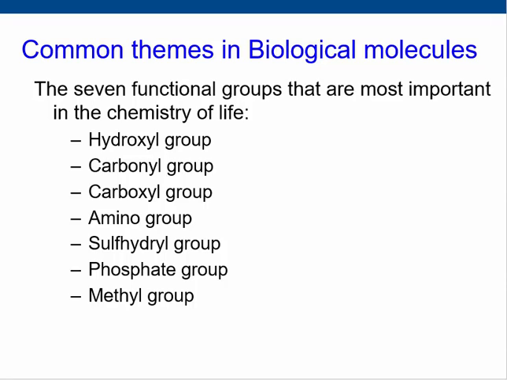But there are 7 key functional groups. And one of the questions we might have about all of these is fundamentally, are they polar or non-polar? Because that's going to determine whether that compound, or at least that part of that compound, interacts with water or does not. So that's really important, and why we were looking at this earlier.